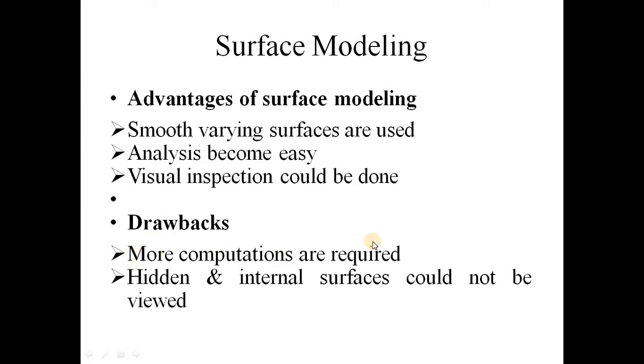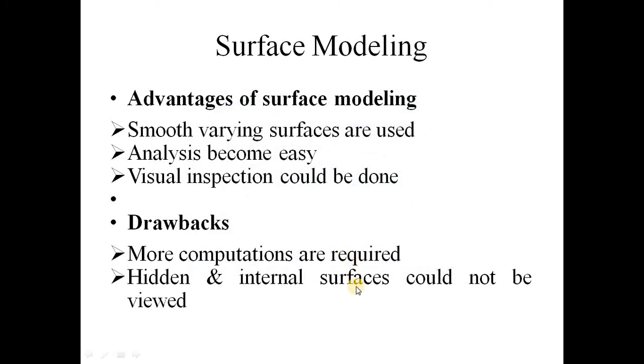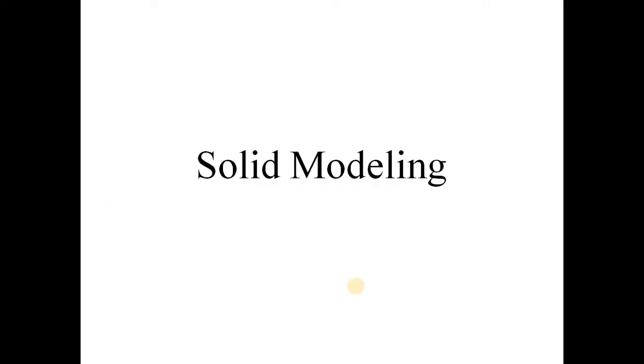As compared to the wireframe model, the surface model requires more computational time and more memory. Hidden and internal surfaces could not be viewed, as compared to the wireframe model.